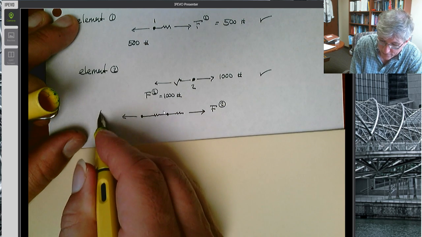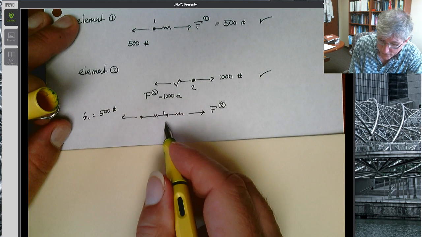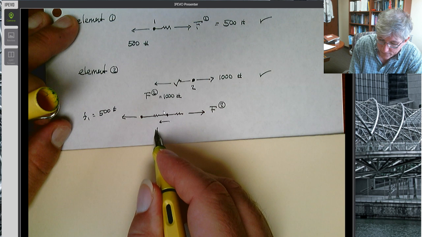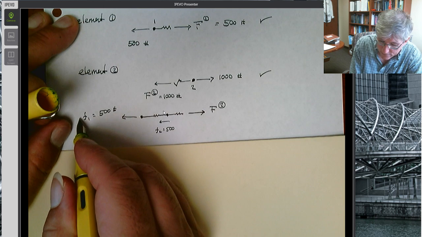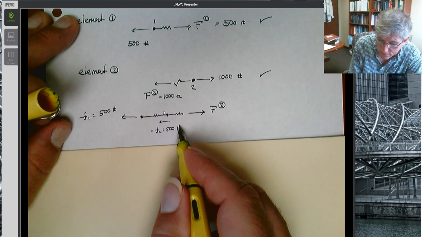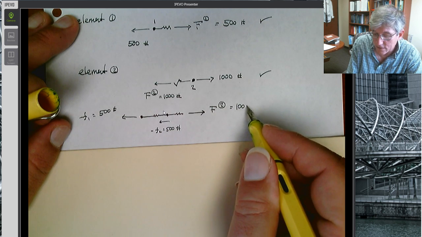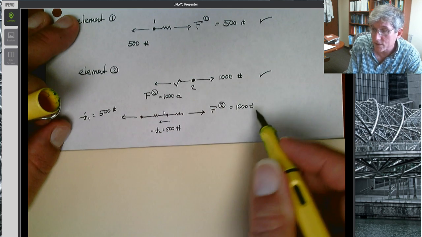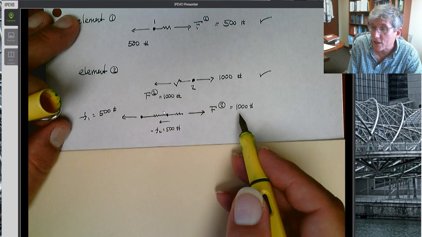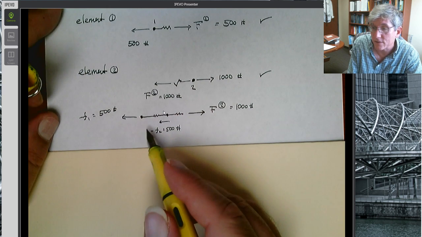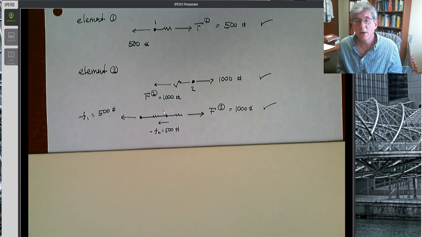Here we have the 500 pounds from F1, and then also F2, which is equal to 500 pounds. Well, I should say it's a negative F1, negative F2. And the element force we found from step 7 was 1,000 pounds. So here you can see the 1,000 balances the two 500s. So again, that element is in equilibrium.